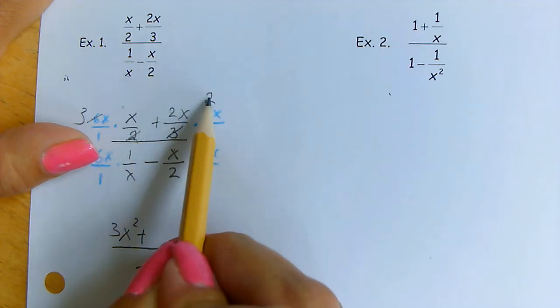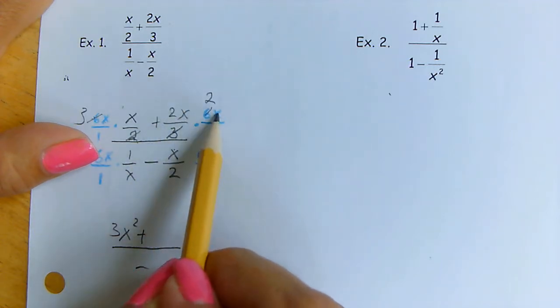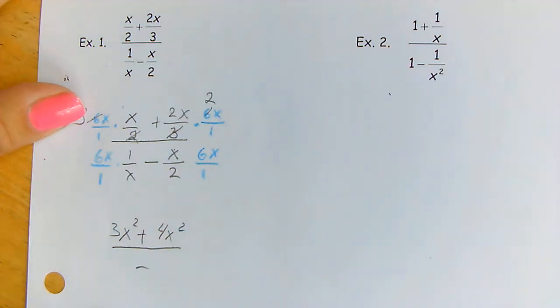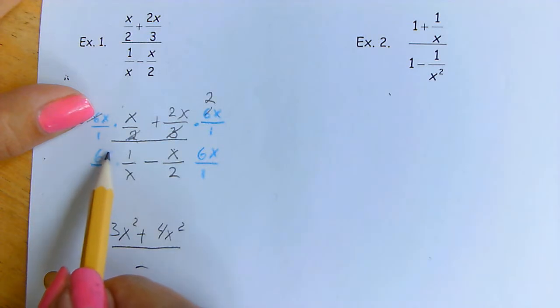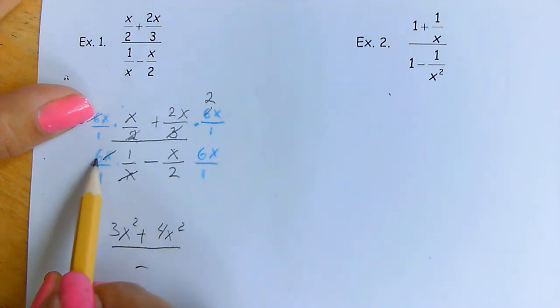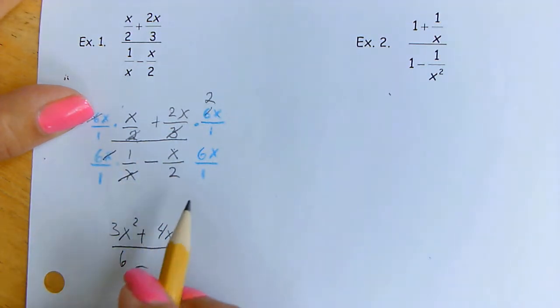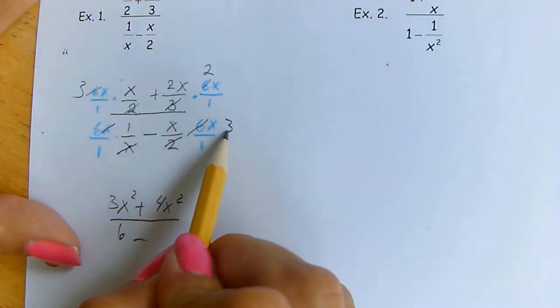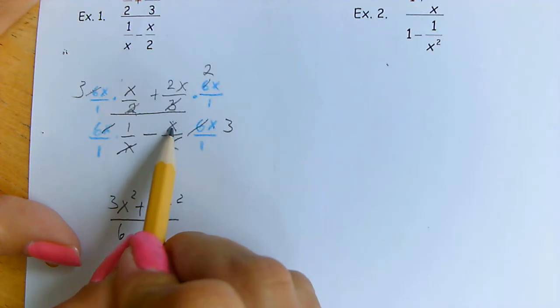I'll be left with 2 times x times x, 4x squared. Here x simplifies with the x, and I'm left with 6 times 1. 6 divided by 2 is 3. 3 times x times x.